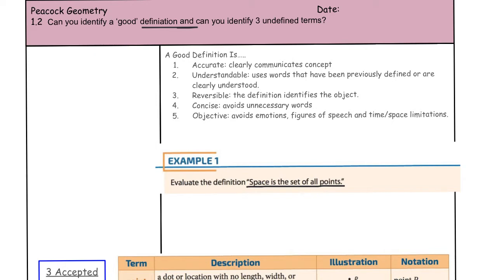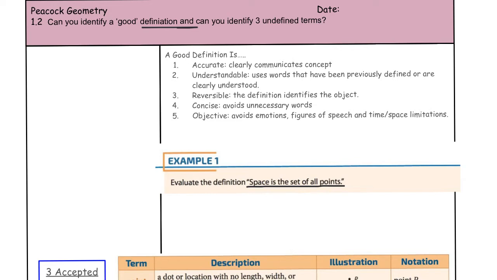We could say space. Is it concise? Yes, we are using only the necessary words we need for this definition. And is it objective? Yes, there is no emotion in this definition at all. So other than the fact that we might not understand what a point is yet, this is a good definition for space.